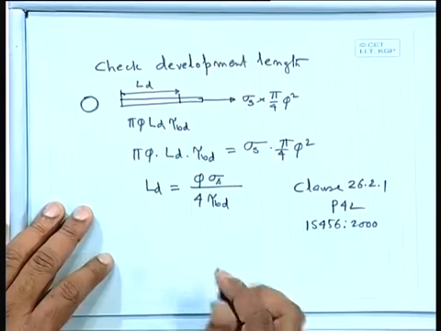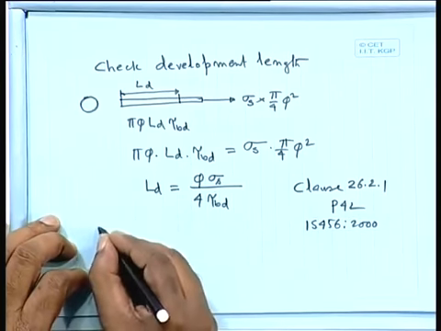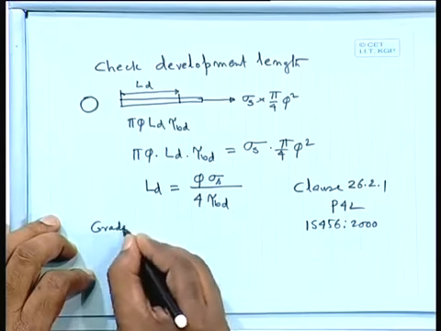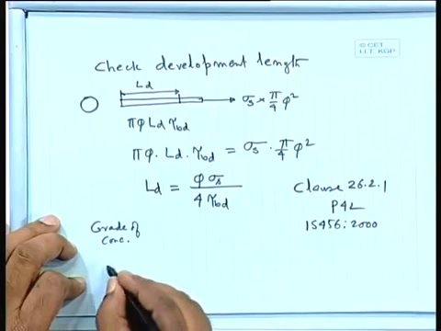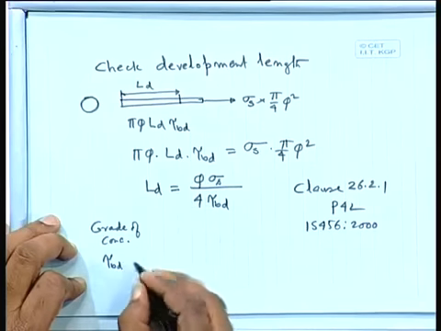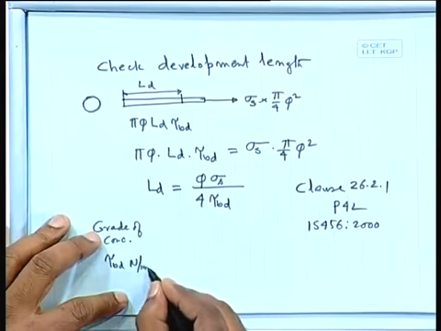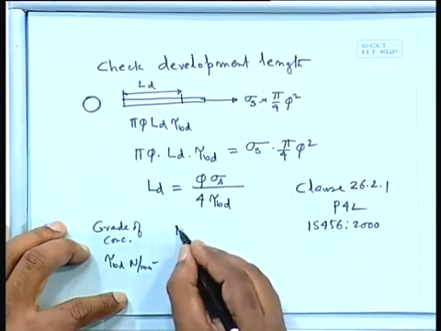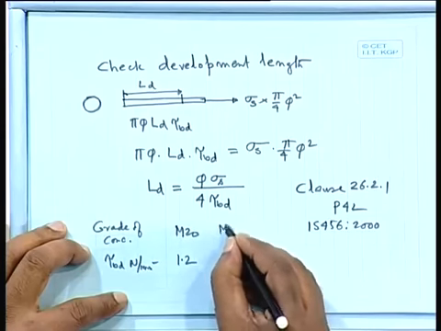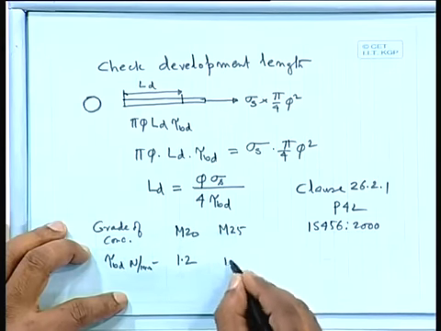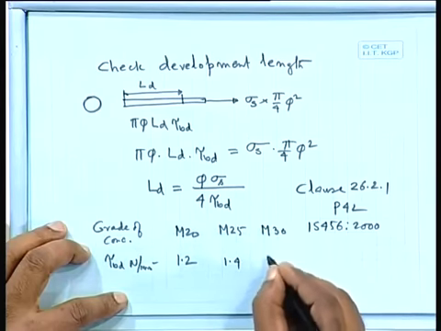Now, what about tau BD? So, grade of concrete and tau BD, that is the design bond stress. For M20 it is 1.2, M25 1.4, M30 1.5.